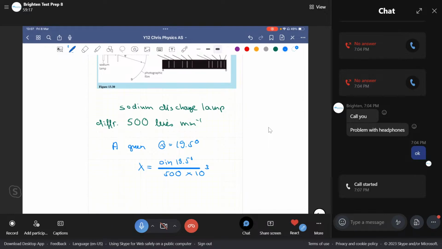So okay, and then how much is the wavelength? 6.68 times 10 to the power negative 7 meters.